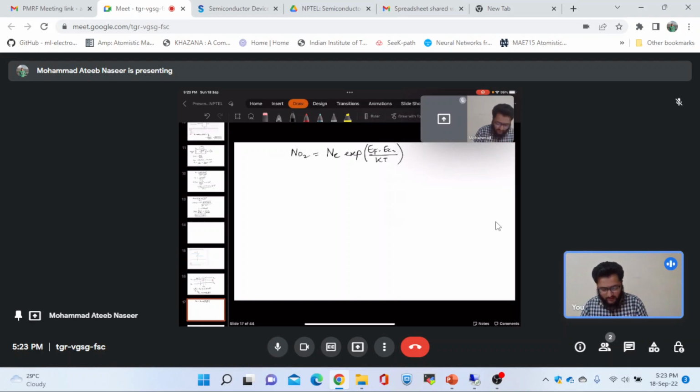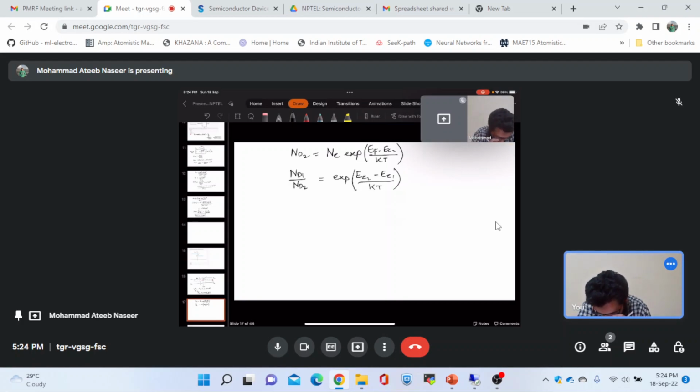If I now solve these two by simply dividing the first and the second, ND1 by ND2, it would simply mean that I will be having exponential of (EC2 minus EC1) by KT. Now let us take ln on both sides.